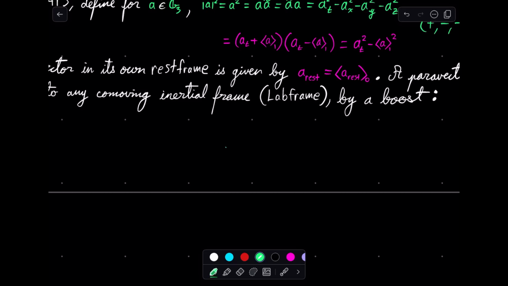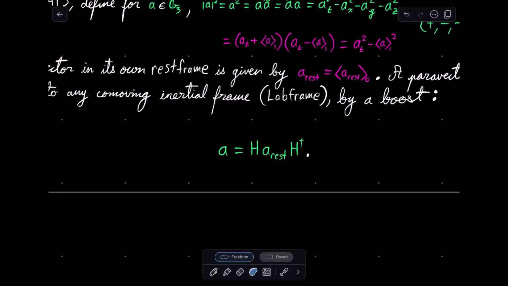So you have A is equal to H, which is a boost, times the rest frame value, times H dagger. And that is how a paravector transforms under a boost.